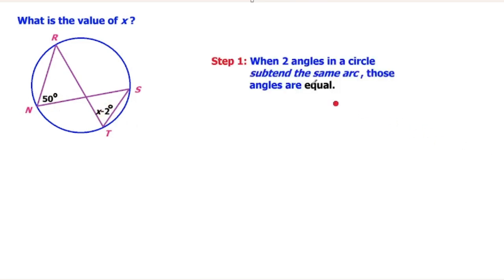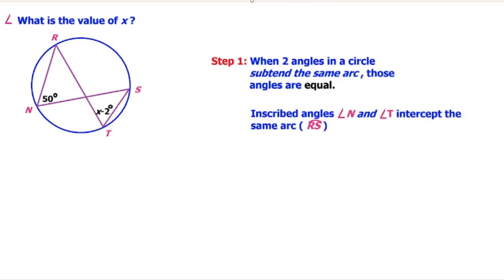So the first step is to know that when two angles in a circle subtend the same arc, those angles are equal. So let's try to figure out what that means. We have inscribed angles, angle N and angle T, that intercept the same arc, RS.